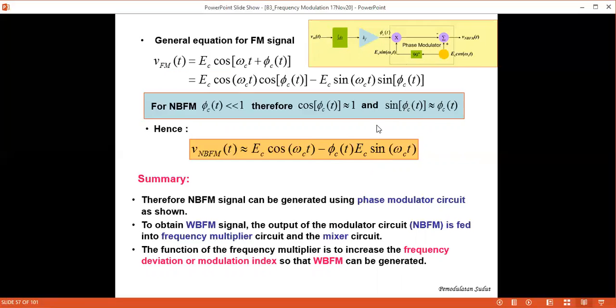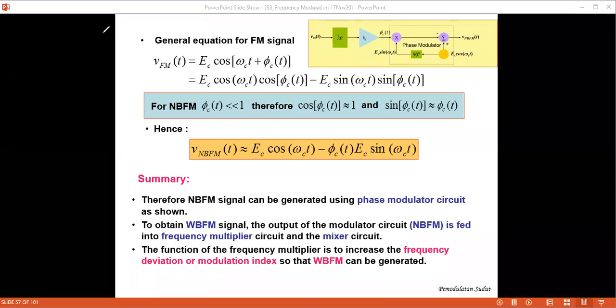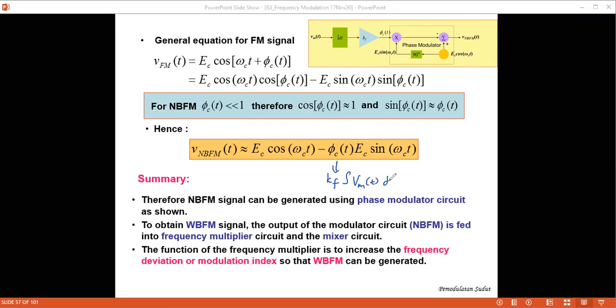We can actually draw a block diagram based on this math. Here is our KF integration of VMT dt.